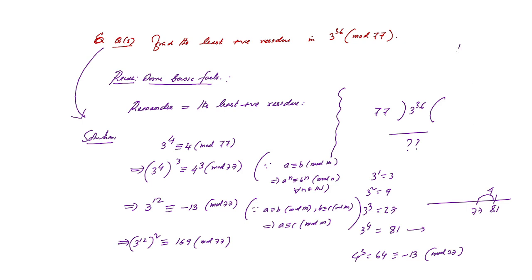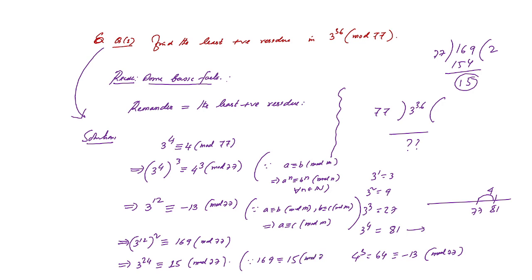Now if we divide 169 by 77, the remainder is 15. From that we can write 3 to the power 24 congruent to 169, congruent to 15 mod 77, because 169 is congruent to 15 mod 77.